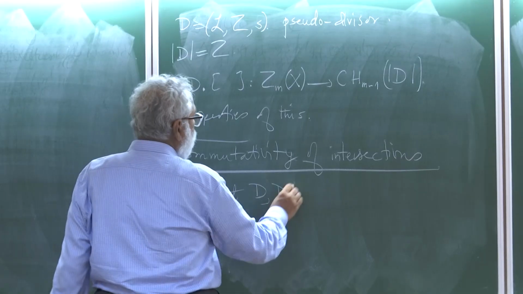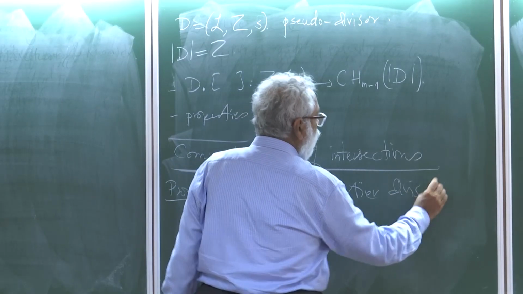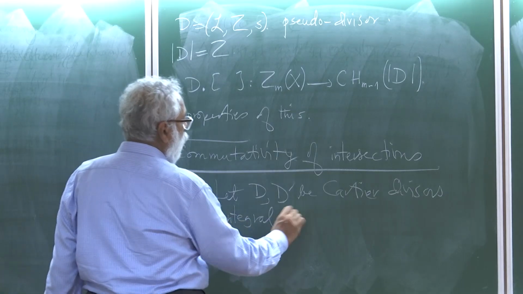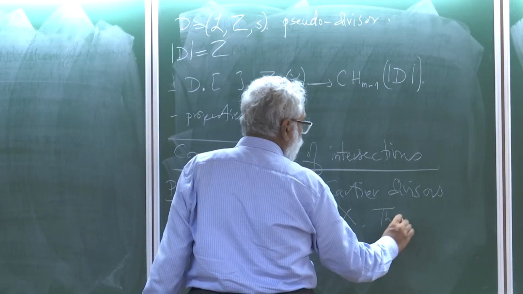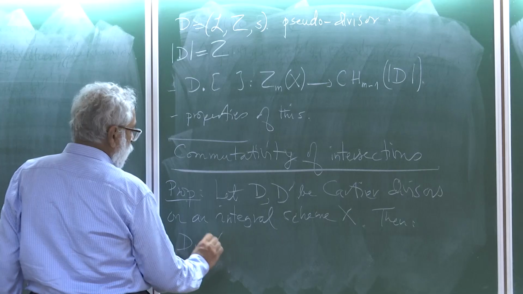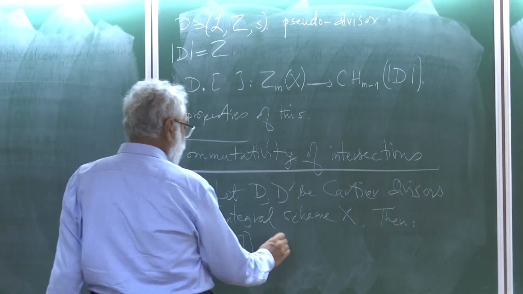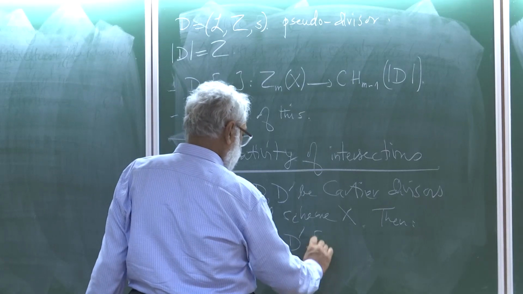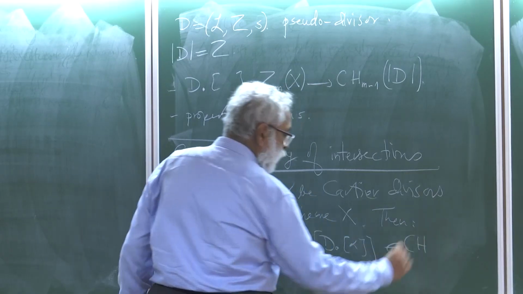Let D and D' be Cartier divisors on an integral scheme X. Then, if I look at D · D' · α, that's the same as D' · D · α in Chow.